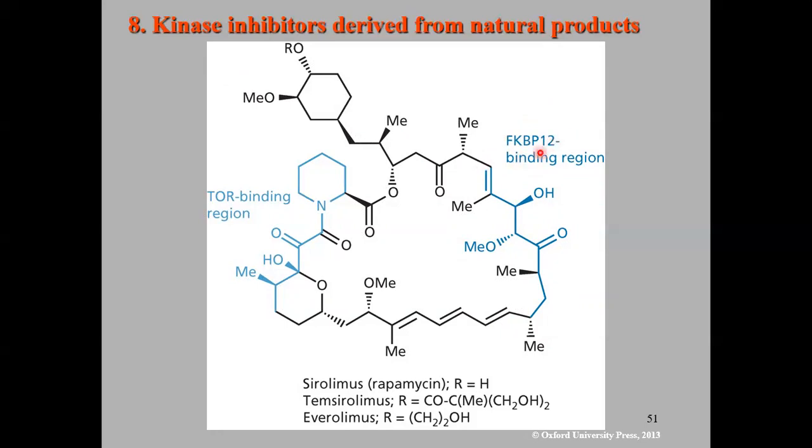Okay, it has this binding region that binds to this protein. After it binds to this protein, it binds to the mTOR enzyme by the TOR binding region, which is this one. Okay, so actually it brings those two proteins together, because it binds one protein at the side and the other protein on the other side. Because these agents bring those proteins together, that results in the inhibition of the mTOR kinase.